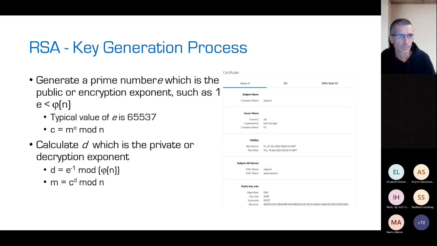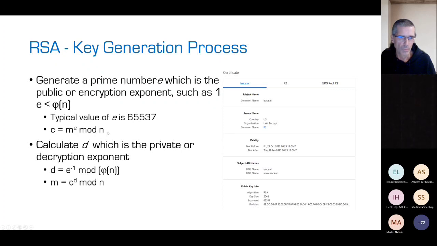Now, why is this value important? Because if you want to encrypt something, you need the public exponent, and the public exponent is E. Here in this formula, you can see that the cipher is equal to the message to the power E, mod n.